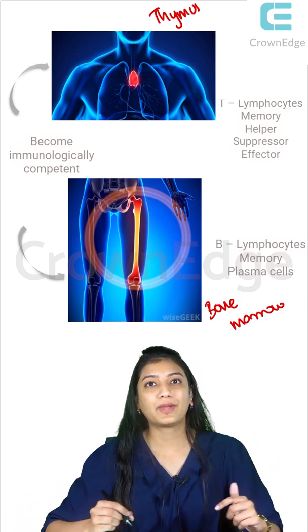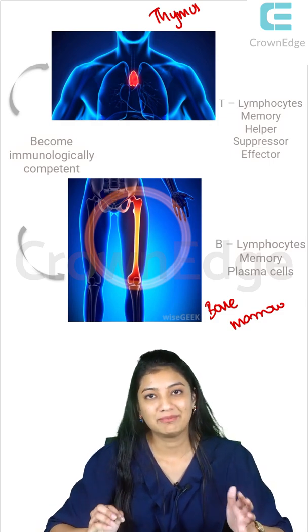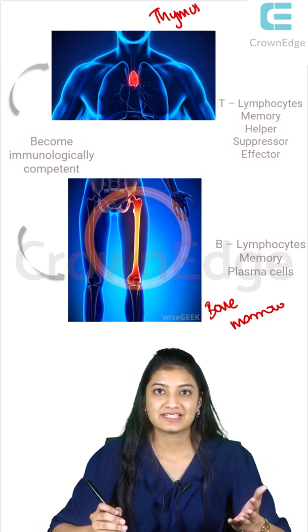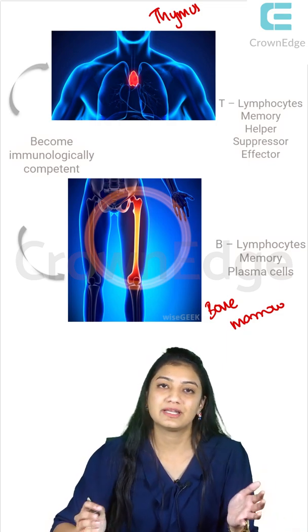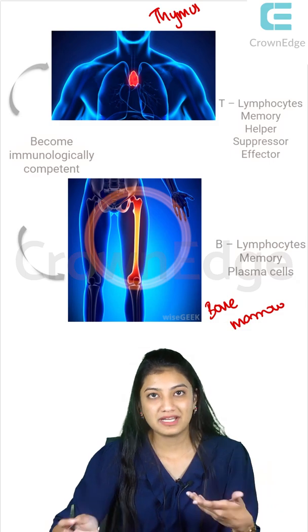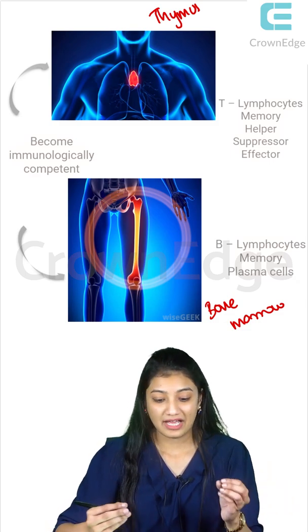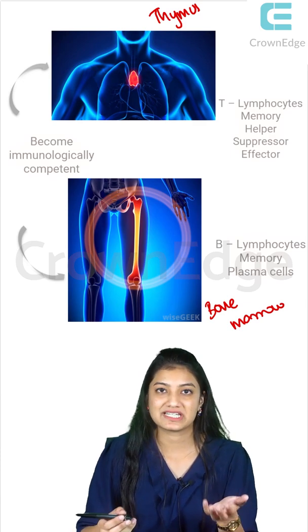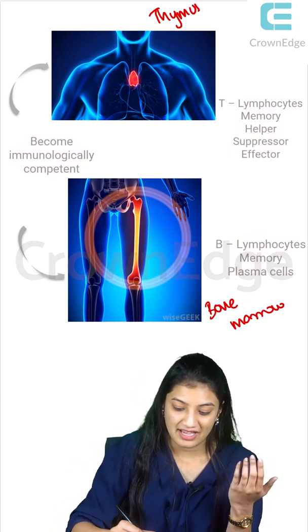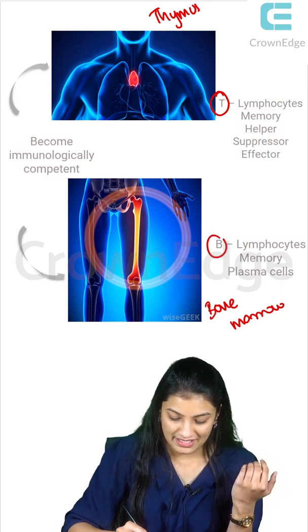Questions that can be asked are: which of the following are T lymphocytes, which are B lymphocytes, or where do T lymphocytes become immunologically competent? It is there in the answer itself: T stands for thymus, B stands for bone marrow.